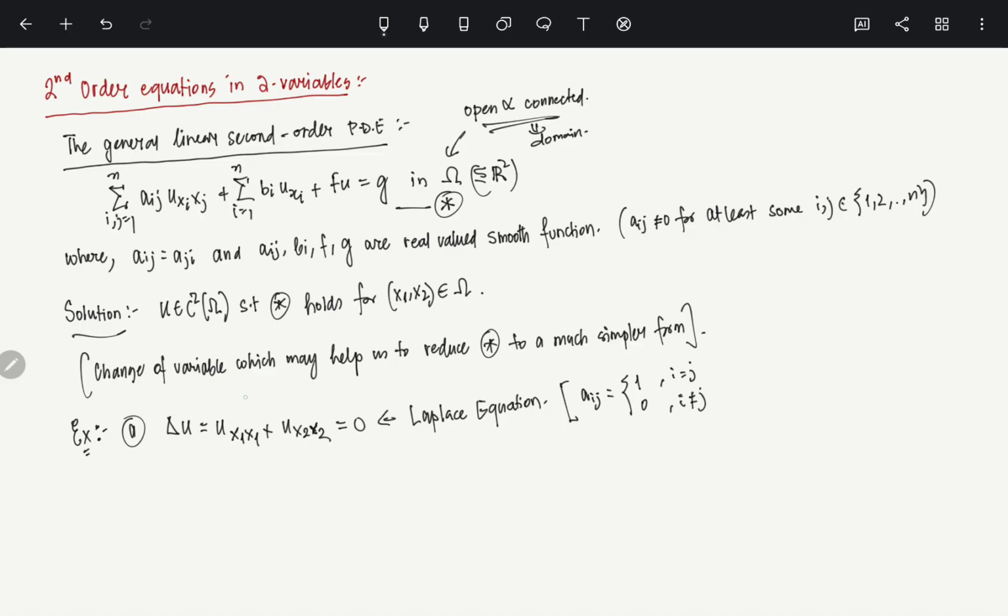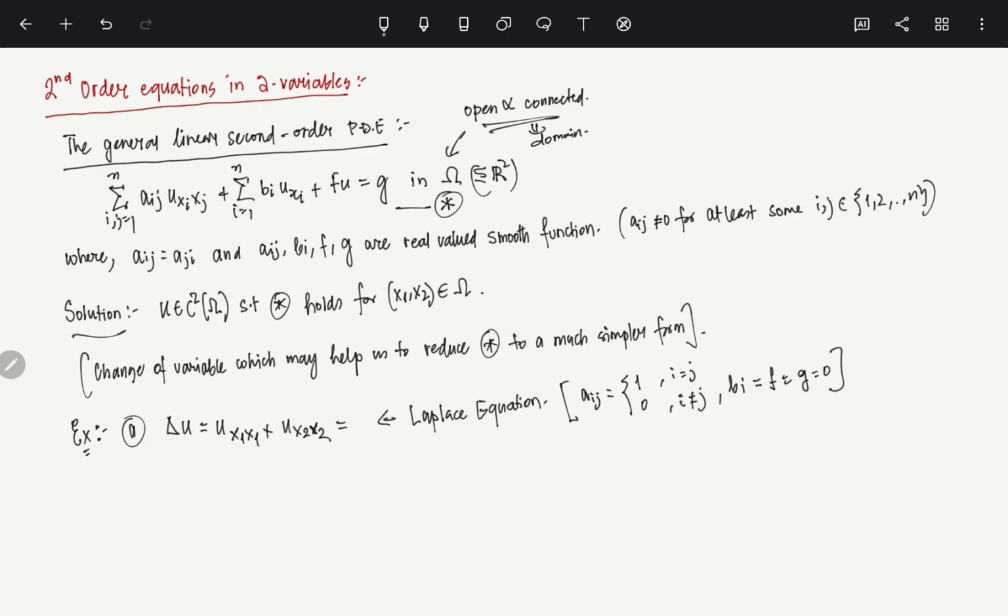So the second order equation reduces to this. What about bi, f? Here bi equals f equals g equals 0. So all other expressions are 0, and this is what you are left with. This is called the Laplace equation. Of course, you can actually have a g here, then that is another example.